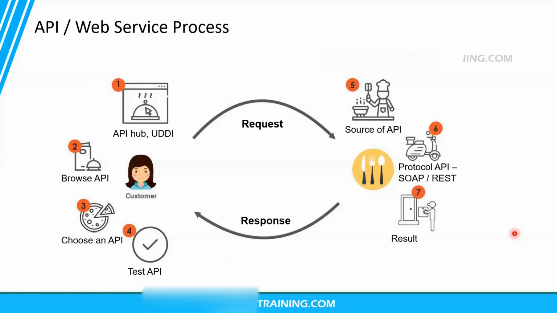You don't have to bother about the two words. Nowadays everyone calls them APIs, irrespective of protocols, whether SOAP, OData, REST or HTTP. Irrespective of any protocol, we call it an API.